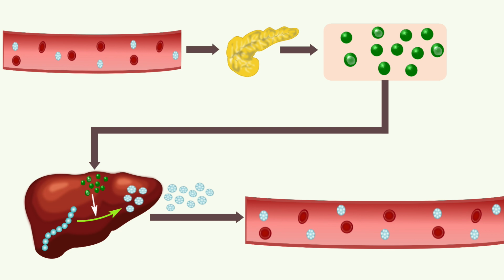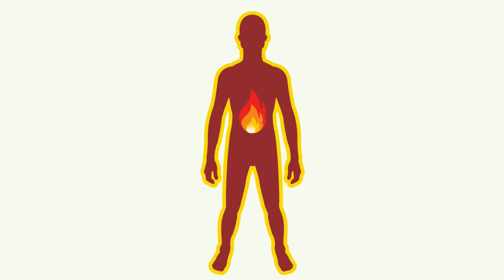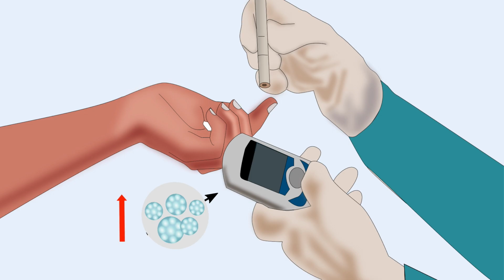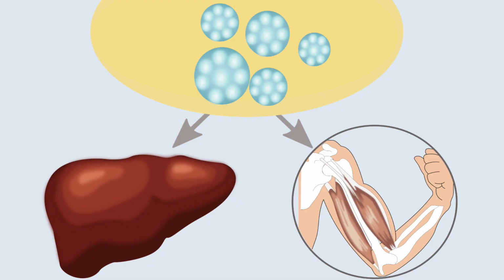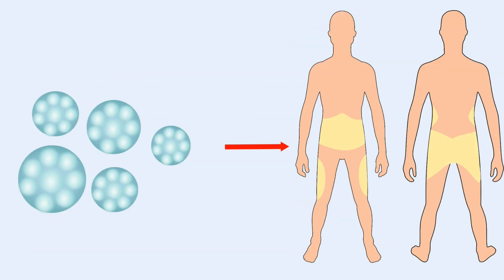This will stabilize blood glucose levels and provide immediate energy. If blood sugar goes too high, the liver and muscles will take up what they can. Sometimes the blood sugar is still too high after liver and muscle storage. Then the extra glucose is converted into body fat.